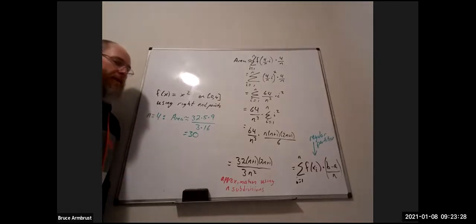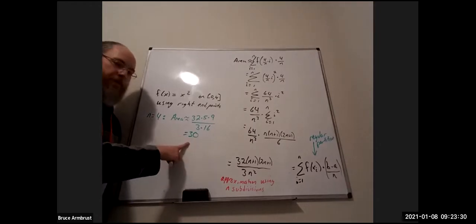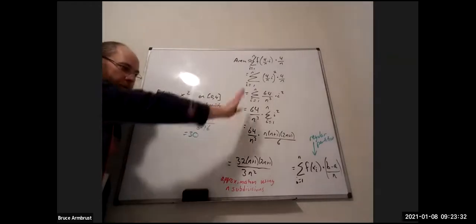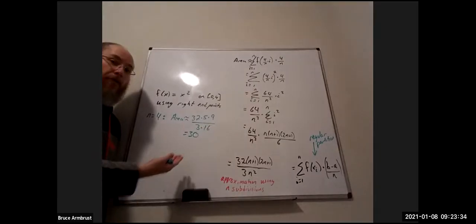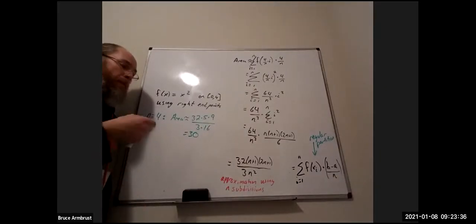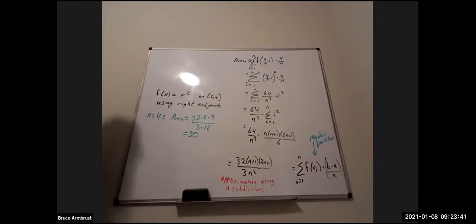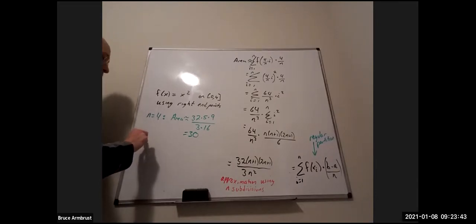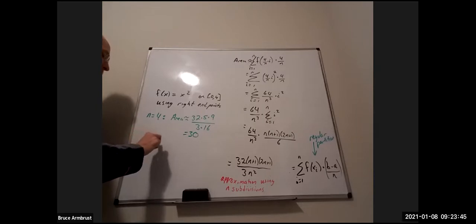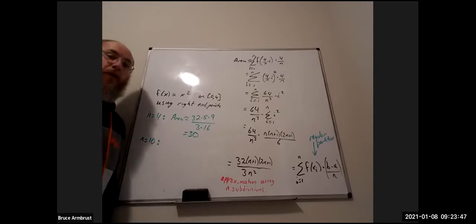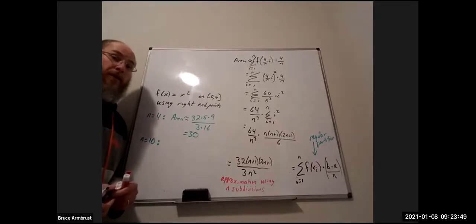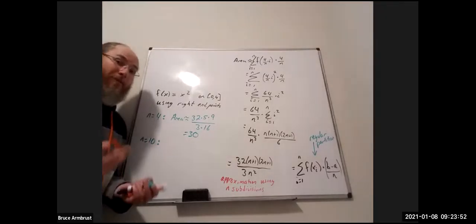And I know what you're thinking. We calculated that, but it was super easy. We didn't have to do all this nonsense. And you're right, it was super easy. But now, what if we wanted to split this into 10? I'm going to make 10 intervals because it should give me a better approximation.